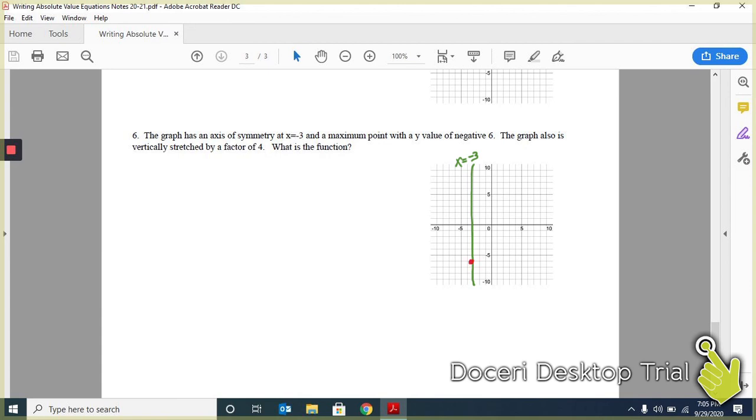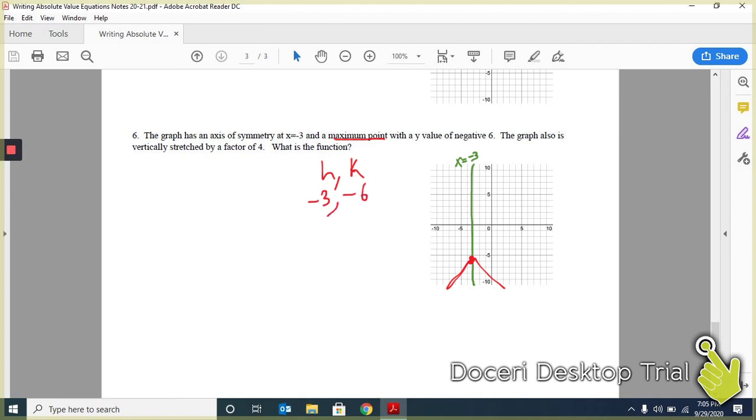But it says it's a maximum point, which means that the graph does this. Since I know that my axis of symmetry is here and my vertex point is here, my vertex is going to be negative 3 and negative 6.